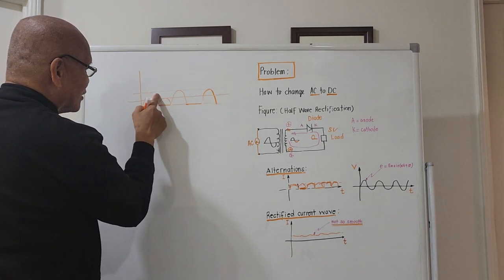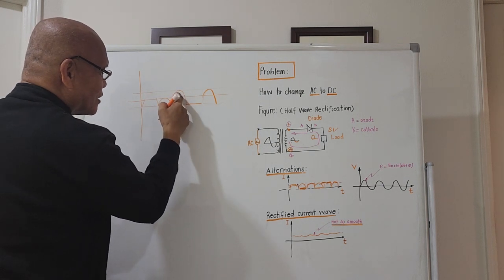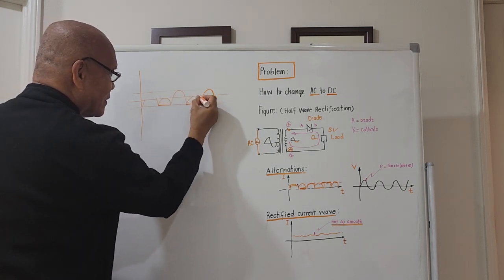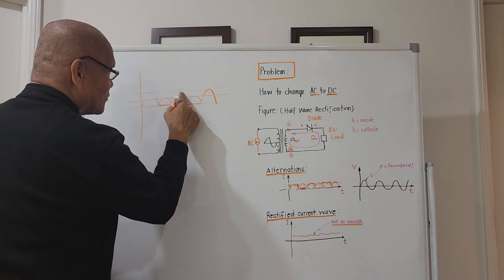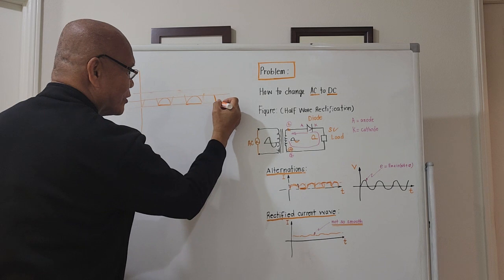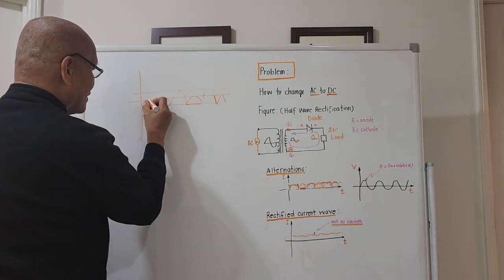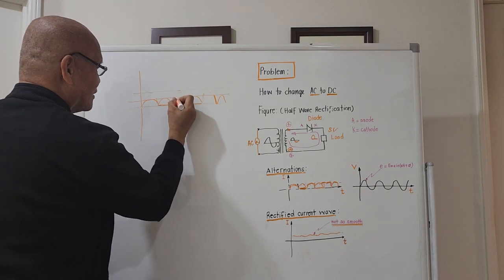So we remove that one already. We cut in half, we place the top portion over here. It is something like that. Then we remove this one also. We continue it here. So actually the graph of the rectified current is something like this.